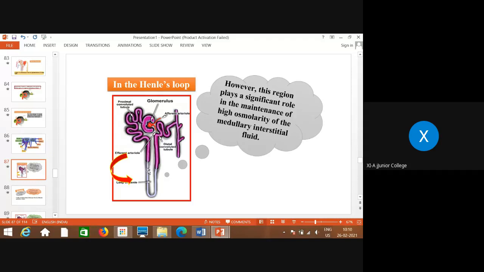The concentration of the solute, that is the urine, is increased as water is removed from the filtrate. So the concentration of the urine is increased, and as it passes through the ascending limb, again NaCl ions are passed out. So in this region, it helps in maintaining the concentration.